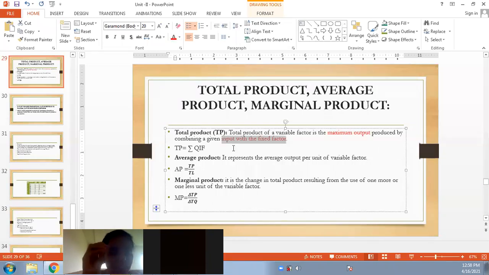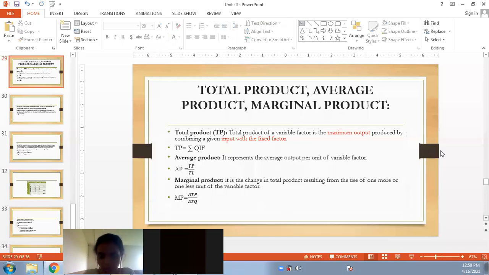When we use certain fixed factors of production, then what is the total quantity that we have produced? What is the total quantity that has been produced by using the fixed factors of production? For example, when we have used 10 units of labor, one labor will produce 10 units.